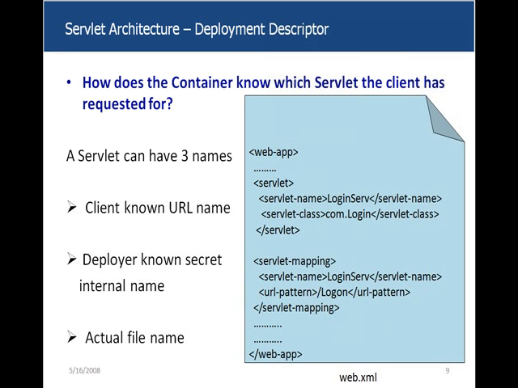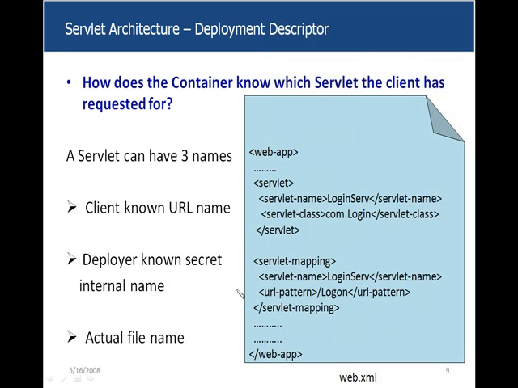So when the client sends in yahoomail.com/logon, it matches that URL in the URL pattern tag. It sees that the client has selected this URL, so it matches the URL present in this mapping. It checks what the corresponding servlet name is for this URL pattern. It sees it's logon serve.